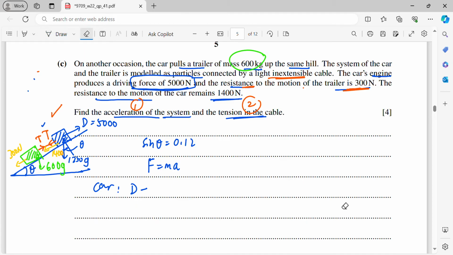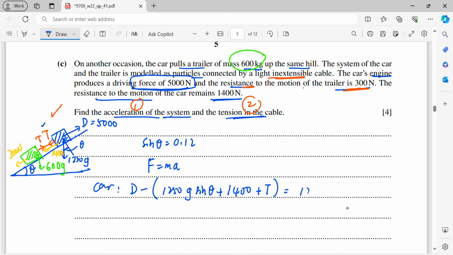All of these will be in the opposite direction of my D. So I get 1250 g sine theta, plus 1,400, which is the resistance force to the car, and then the T, equals to ma.